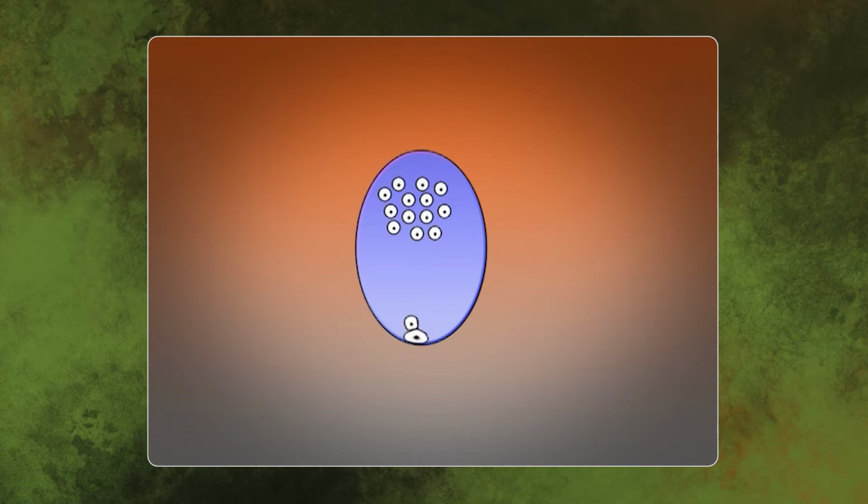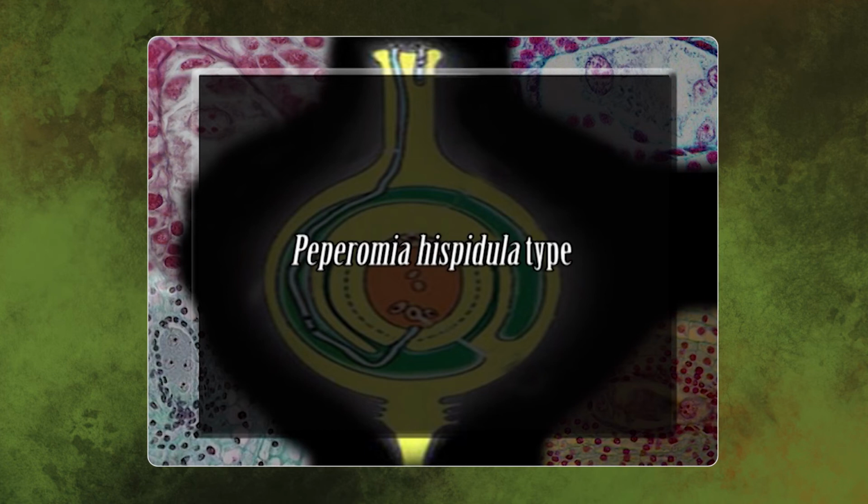But the remaining 2 nuclei of the micropylar group and all the remaining 12 form the secondary nucleus, and there are no antipodals. As this is different from Peperomia pellucida, it is recognized as a subset, namely Peperomia hispidula type.